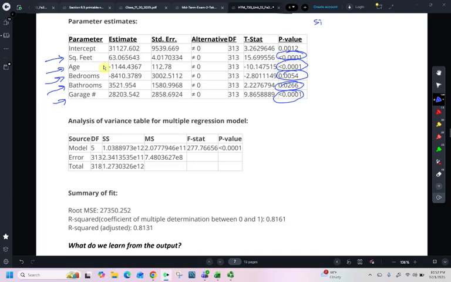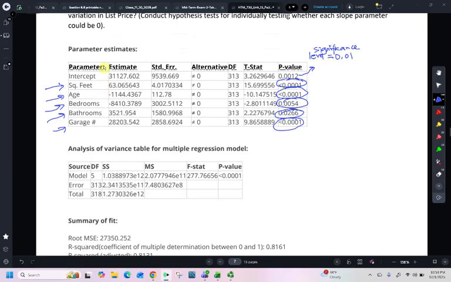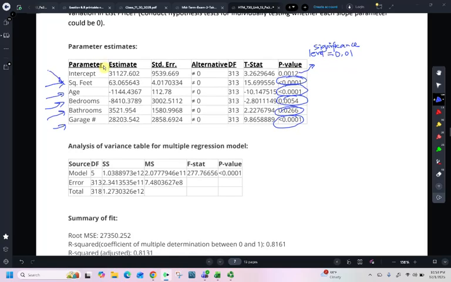If we set a significance level of, let's say, 0.01, the p-value in this case is lesser than the significance level. So that means that we're going to reject the hypothesis that the regression slope for this variable is equal to zero.